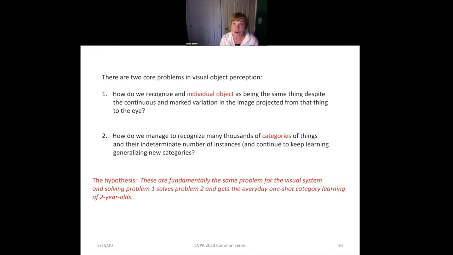That's the start of vision. The second core and classic problem is how do we manage to recognize the many thousands of categories of things, given their indeterminate number of instances, and then keep continuing to learn and rapidly learn new categories.